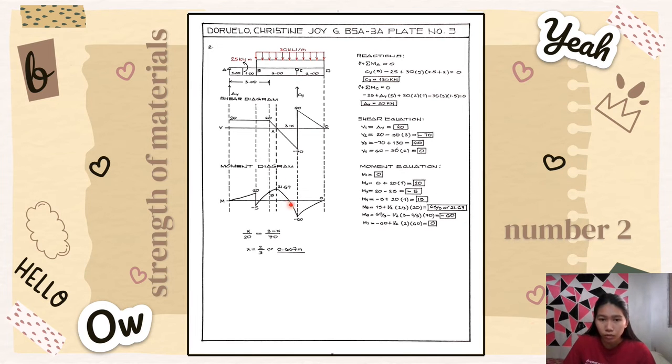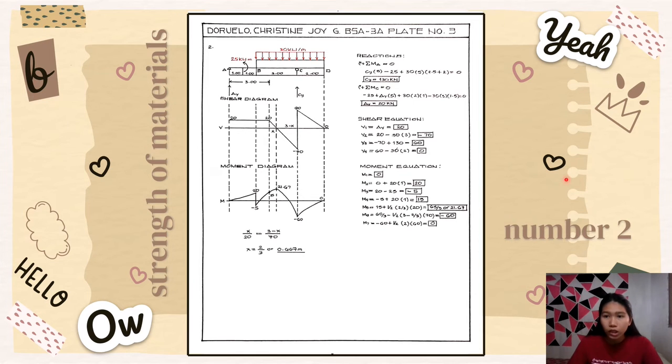And for the moment 6 is equal to 65 over 3 minus 1 over 2 times 3 times 2 over 3 times 70, is equal to negative 60. So we got negative 60 downward. And for the moment 7 is equal to negative 60 plus 1 over 2 times 2 multiplied by 6, is equal to 0. So we got 0 upward.